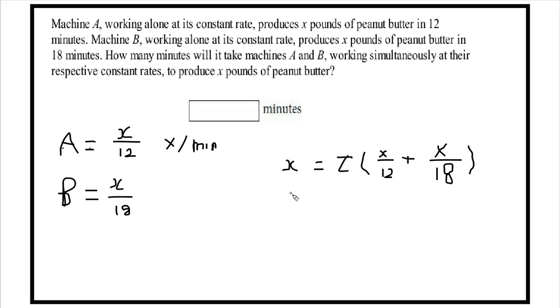So it will be equal to 1 times T, and you have here 1 over 12 plus 1 over 18. It will be simpler to just do this calculation. You can do this in your calculator and it will be perfectly fine. So I will calculate this quickly on my calculator.